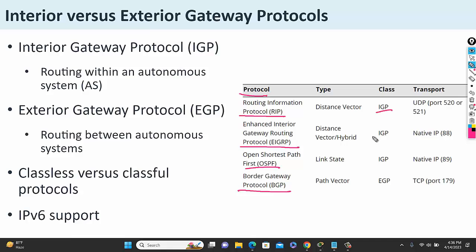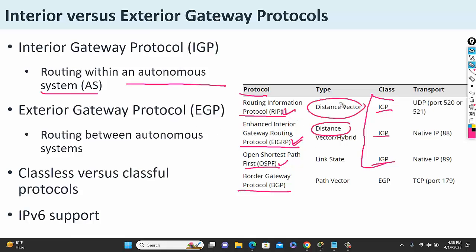These are the IGP, meaning interior gateway protocols. RIP, EIGRP and OSPF are used inside a single autonomous system. RIP and EIGRP are distance vector, meaning hop count, and OSPF is a link state protocol.